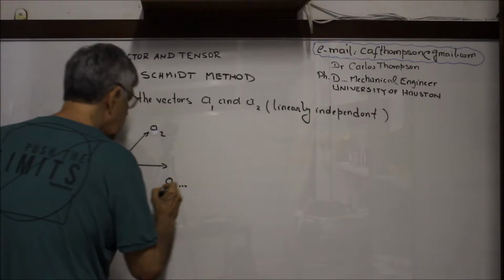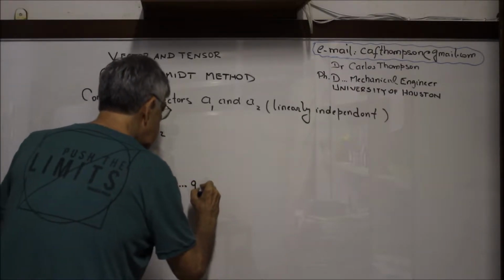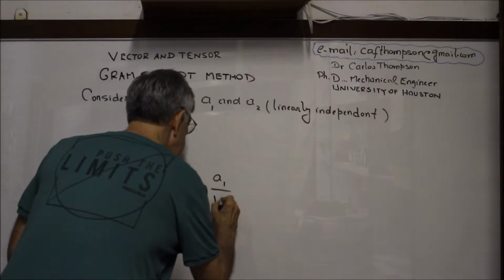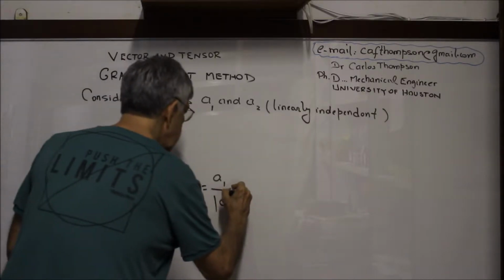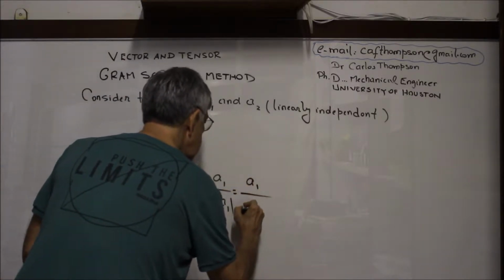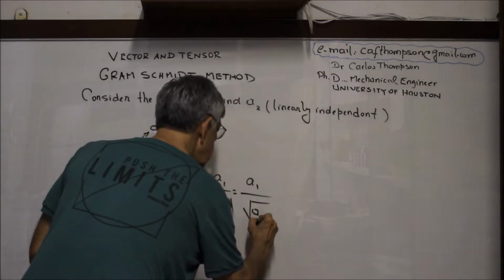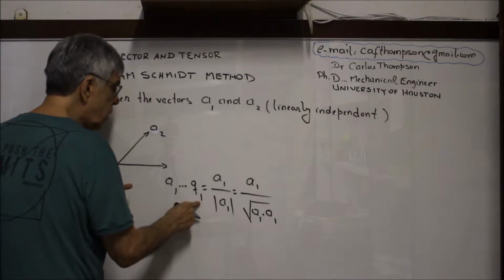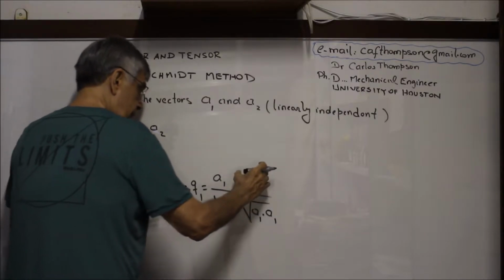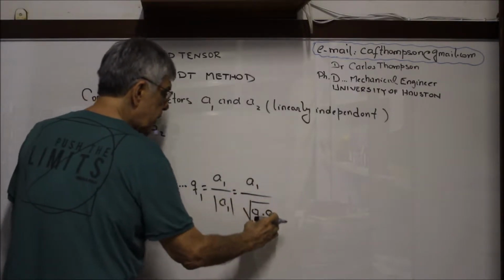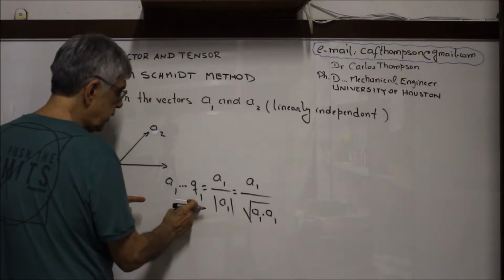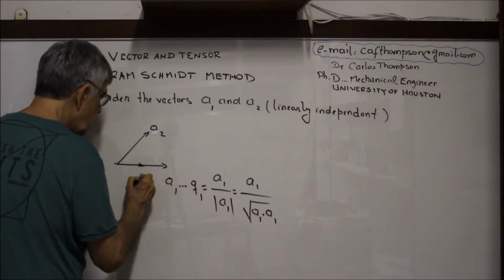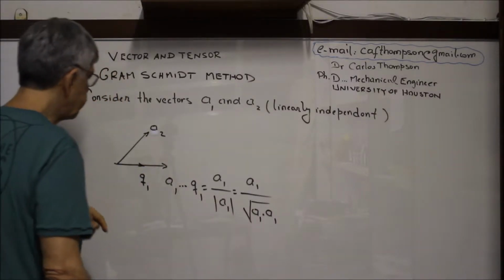So from here, I get Q1 equal to A1 divided by the magnitude of A1, which is the square root of A1 dot A1. Now I guarantee that Q1 is a unit vector. Any vector divided by its magnitude will be a unit vector. So here we obtain Q1, just doing this.